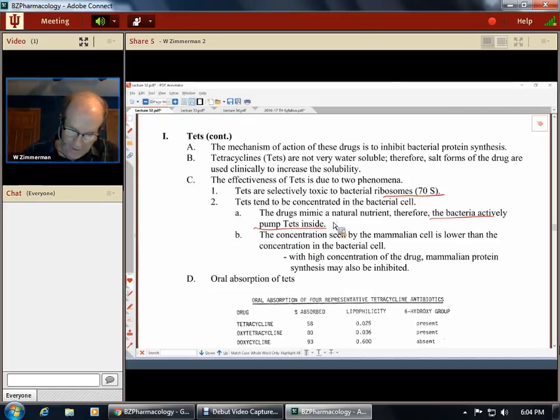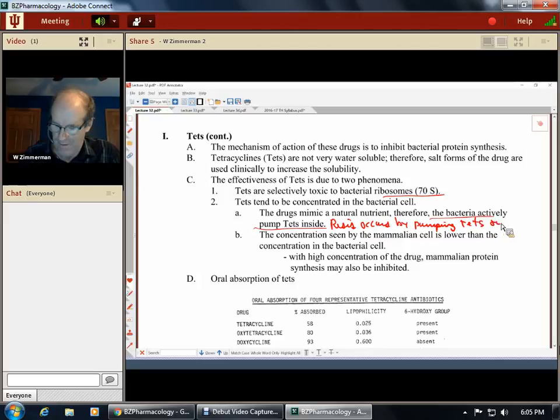As a converse, resistance occurs by pumping the TETs out, obviously out of the bug. But typically these drugs work pretty well. The concentration that's going to be seen in the bug is quite a bit higher than what's seen in the eukaryotic mammalian cell. So that's our selectivity. Different ribosomes, different concentrations.